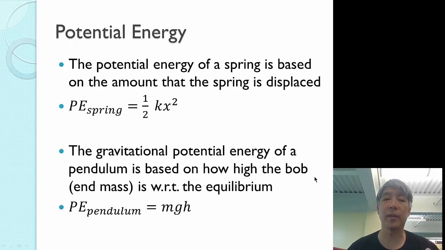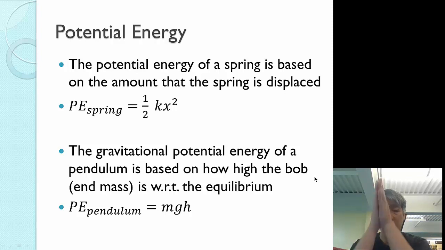To calculate the potential energy of a spring, we have a formula where the potential energy of a spring is equal to 1/2 k x squared. I usually say x squared, but in reality it's delta x. It's how far the spring has been stretched from equilibrium. For a pendulum, the potential energy is mg delta h, how high the bob is from its lowest point or the equilibrium point.